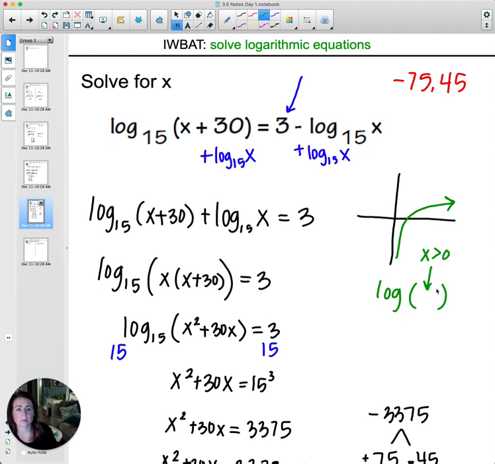So you can't plug in a number less than 0 here. So we need to look at our original equation and make sure that we're not going to have any less than 0 when we plug in. Well, when you plug negative 75 in here, that's going to give you a negative inside the logarithm. So that's bad. That's an extraneous solution. If you plug in 45, 45 plus 30 is 75, that's fine. And when you plug it in here, that's fine. So x equals 45 is your only solution here.